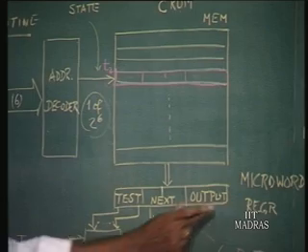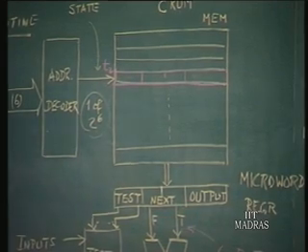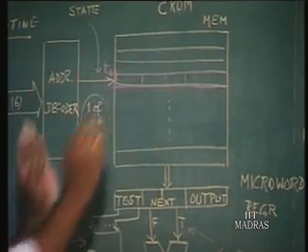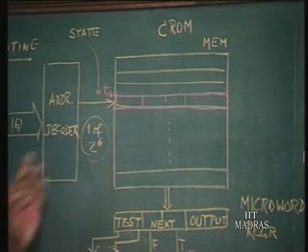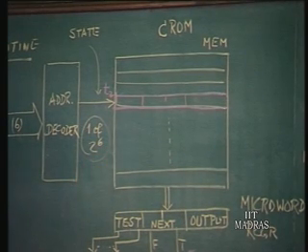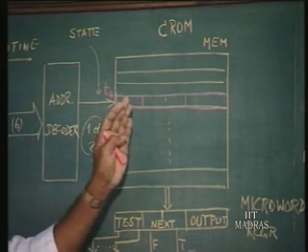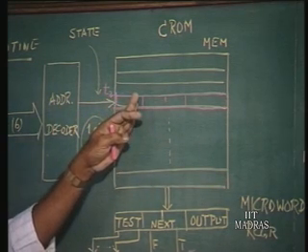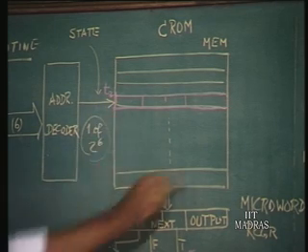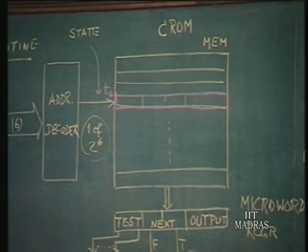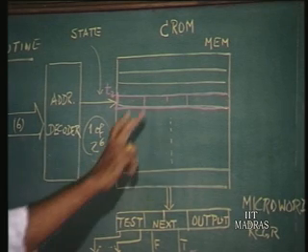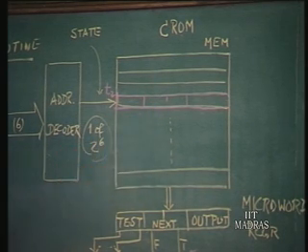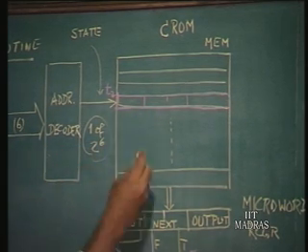So here you have a ROM based implementation of the controller. Now here you have the microprogrammed controller, mainly because the whole control aspect is in the form of a microprogram. Agreed?